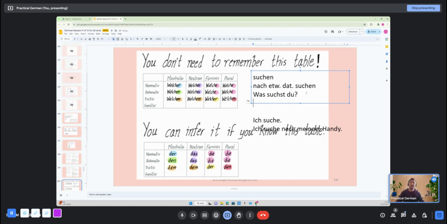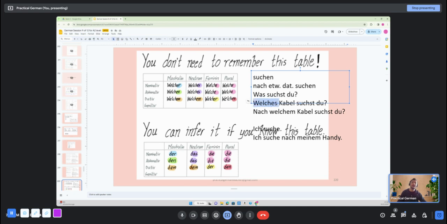So I can of course say welches Kabel suchst du, because Kabel is neutrum. Let me just correct. Welches Kabel suchst du? If I want to use this preposition verb, nach welchem Kabel suchst du? You understand, right? So it's the same thing being said in two different ways.